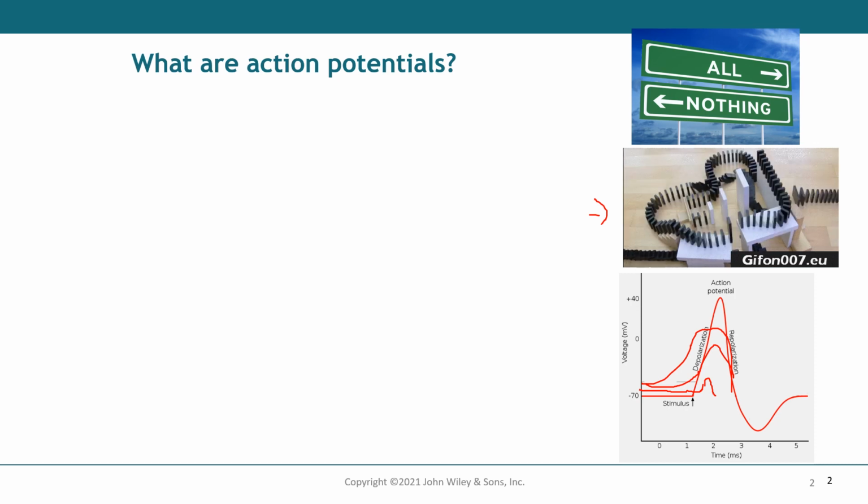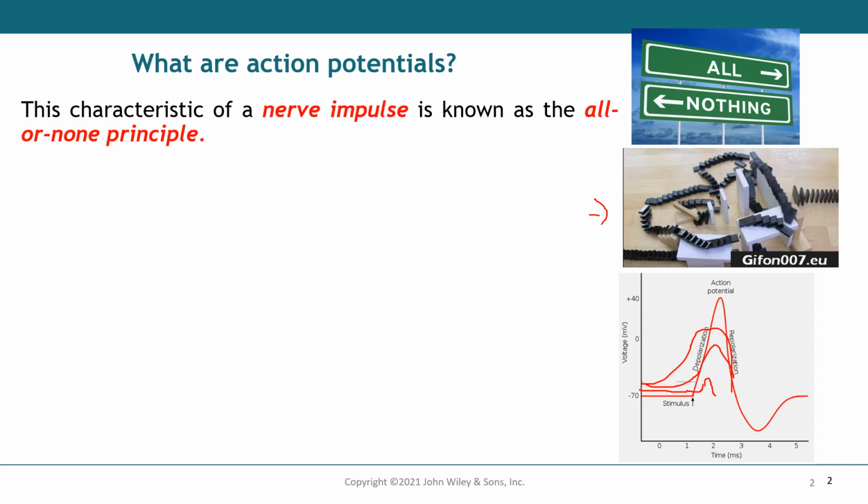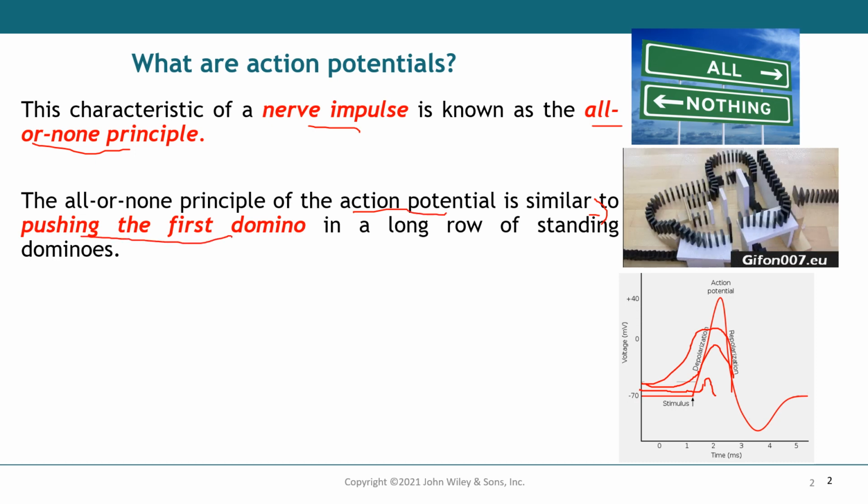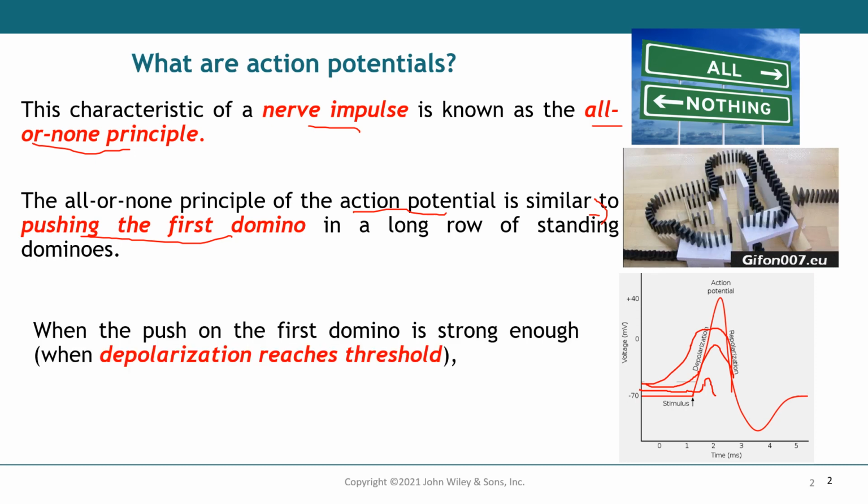So I told you that the characteristic of a nerve impulse is known as the all or none principle, and it is similar to pushing the first domino in a long row of standing dominoes. When you push the first domino, if it's strong enough, the second one is going to fall.